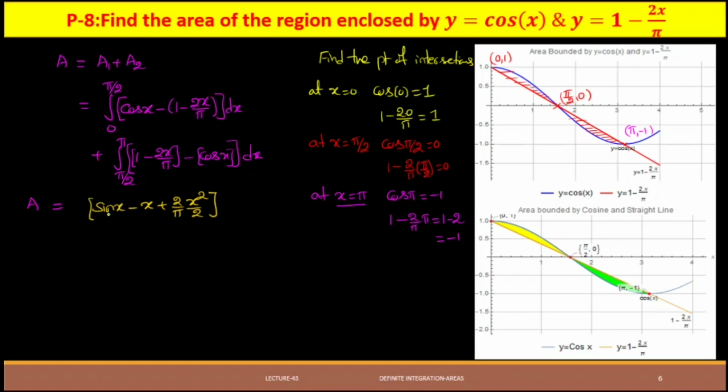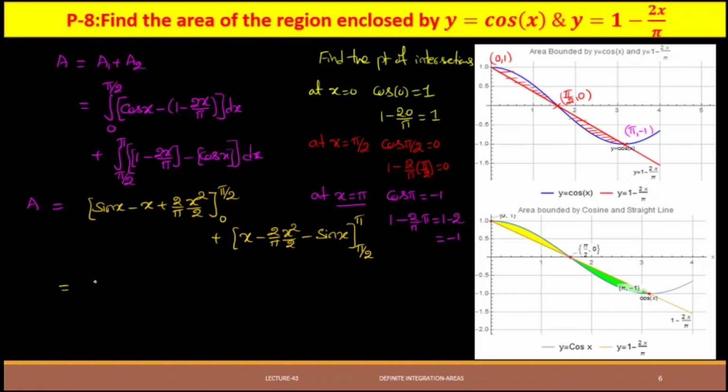So the lower and upper limits are 0 and pi by 2 here, plus the second integration is x minus 2 by pi into x square by 2 minus cos x integration is sin x. So the upper limit and the lower limits are pi and pi by 2 here.